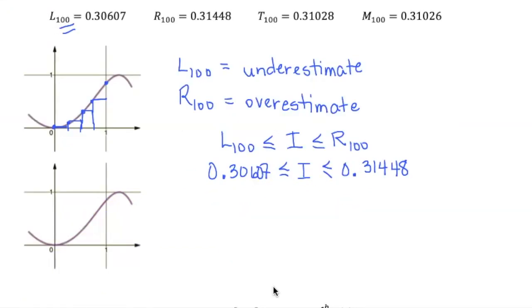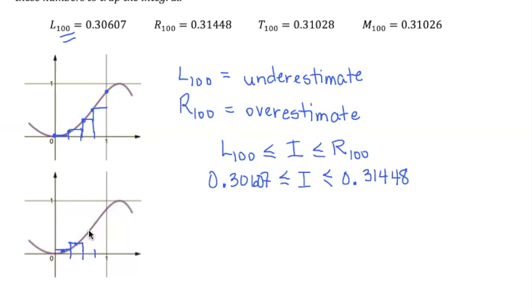When we actually use midpoint or trapezoid sums, remember with these, we'll look at midpoint, for example. Again, I'm not going to do 100 rectangles, but if you take the middle of the interval to create the height of the bar, both midpoint and trapezoid at times overestimate and at times underestimate.